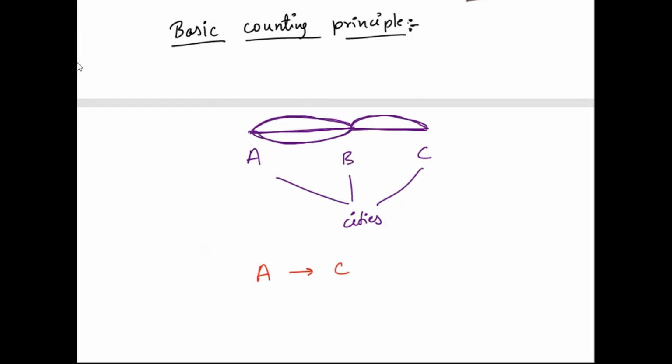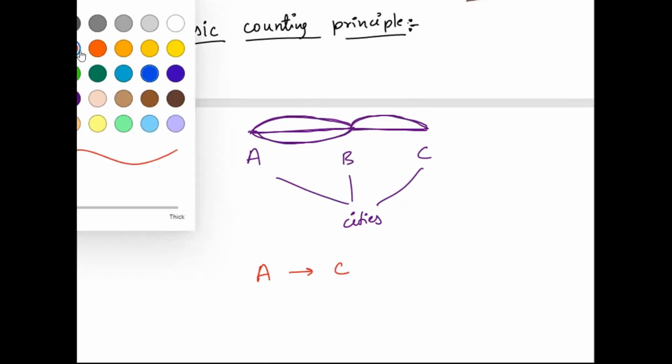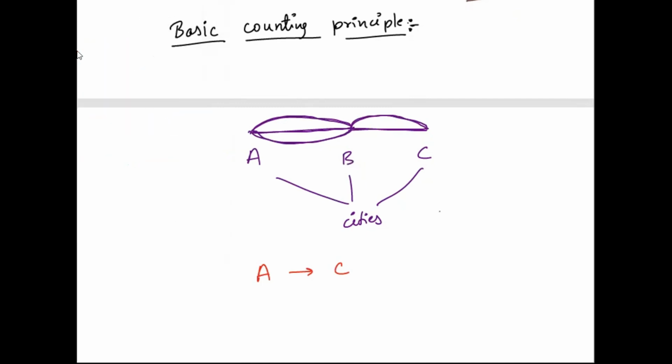Now listen to me very carefully, and the keywords which I'm going to use are very, very important. I can go from A to B either this way or this way or this way. In order to complete my action, which is from A to C, how have I divided this? What is the first thing I'm going to do? I'm going from A to B, and to do that I have 3 ways.